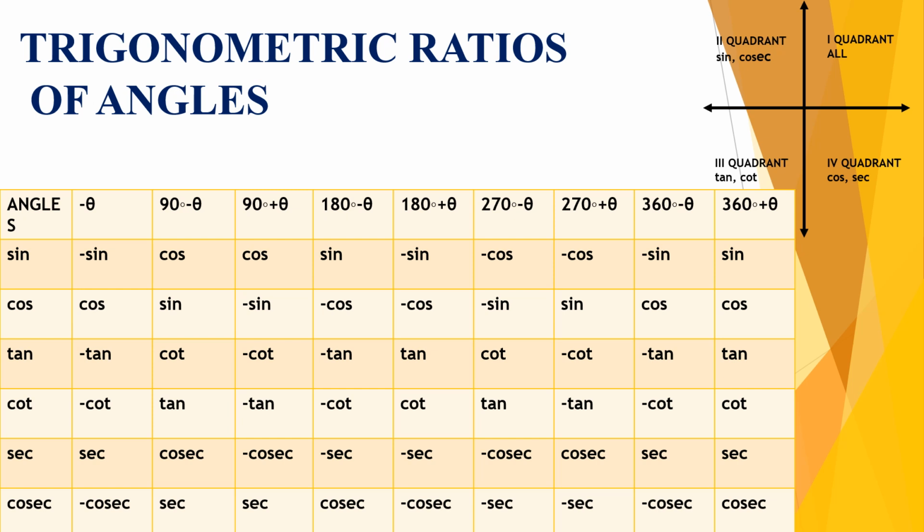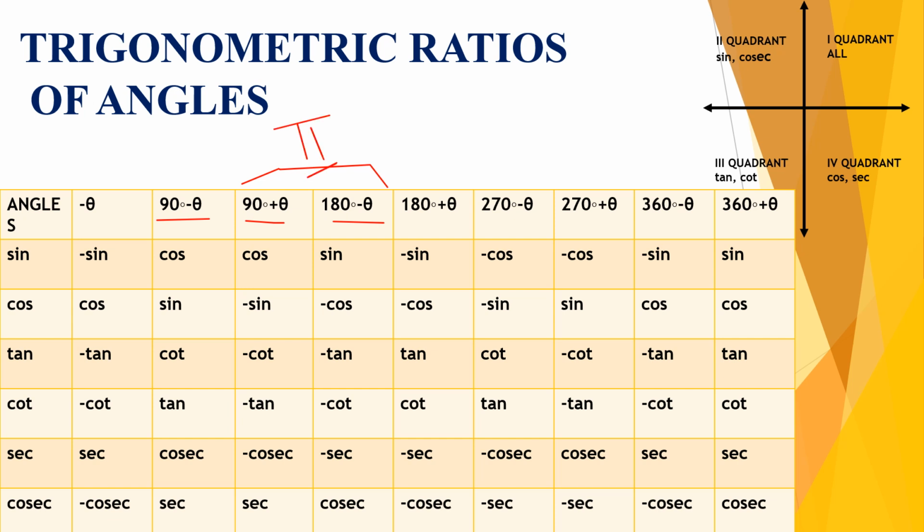Minus theta degree is in the fourth quadrant. 90 degree minus theta will be in the first quadrant. 90 degree plus theta is in the second quadrant. 180 degree minus theta is again in the second quadrant. Both values will be in the second quadrant.